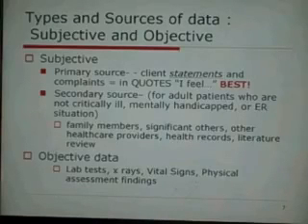And these specific sources are family members or significant others. Sometimes we have other healthcare providers, other physicians, other nurses, etc. We do, in fact, examine their health records for prior health history, and occasionally we actually have to review the literature to know more about diseases they may have if we are less familiar.